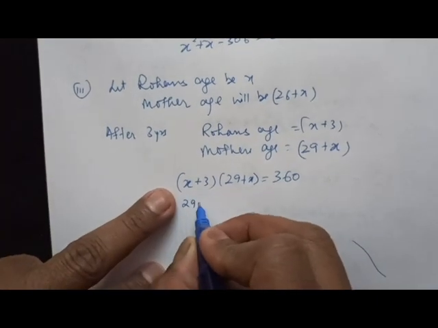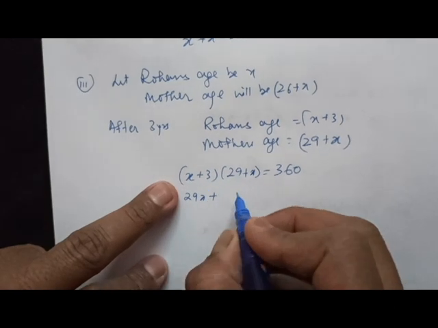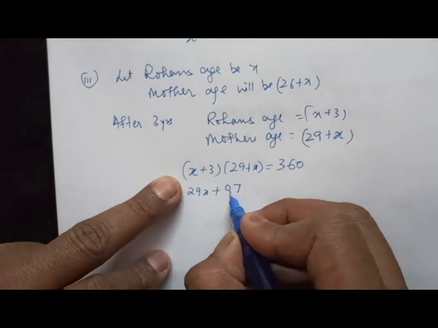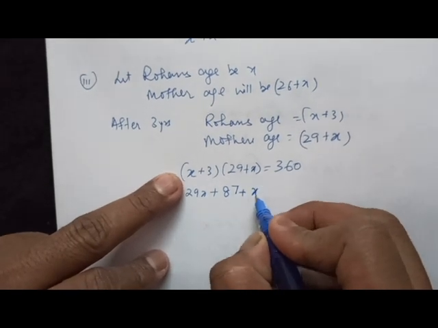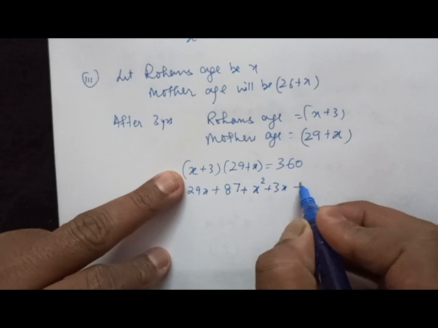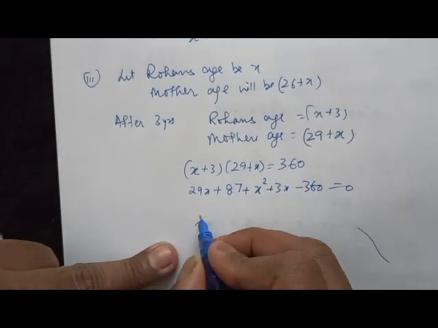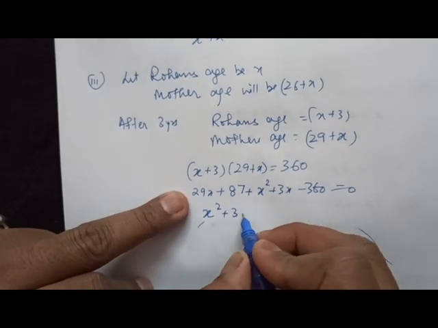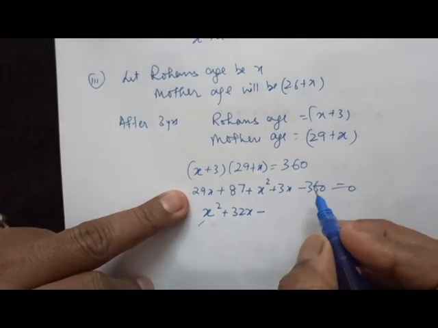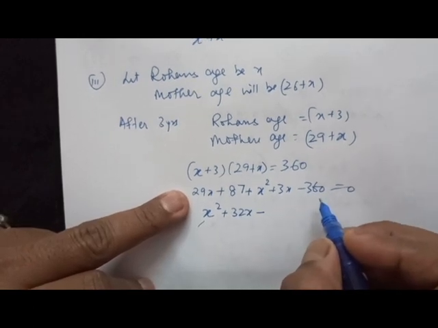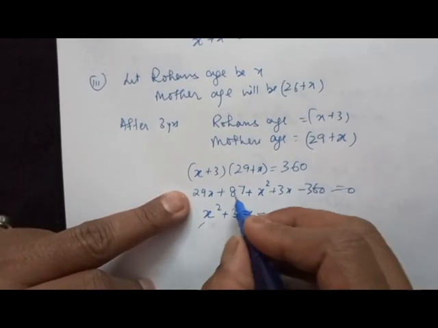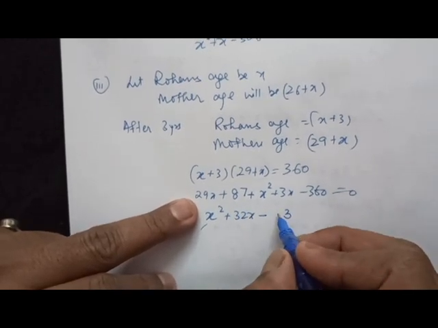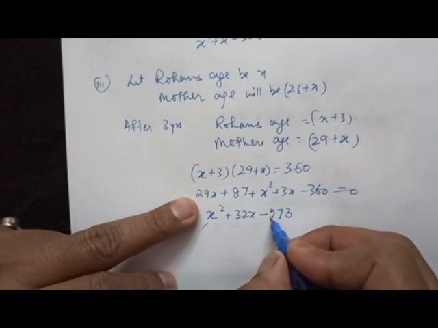This will become 29x plus 29 into 3, 9 3s are 27, 2 3s are 6 plus 2, 87, plus x square plus 3x minus 360 is equal to 0. So that will become x square, 29 plus 3, that will give you 32x, minus 360 minus 87, and you will have 273.